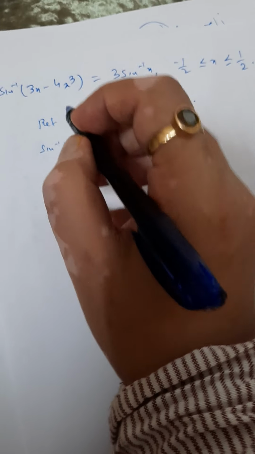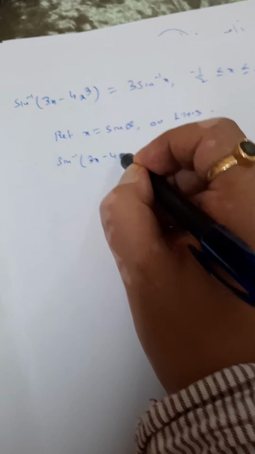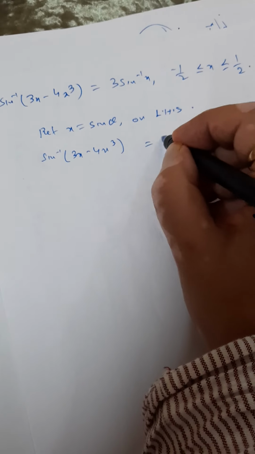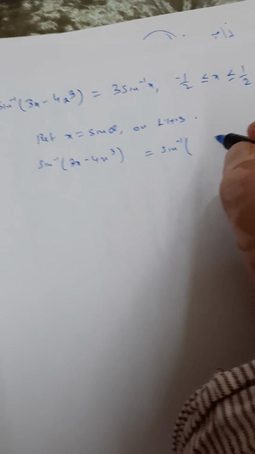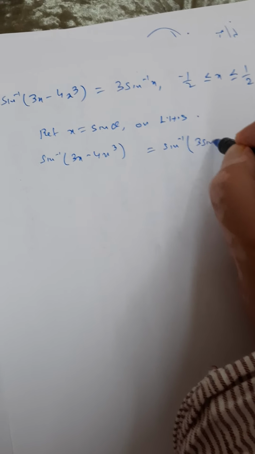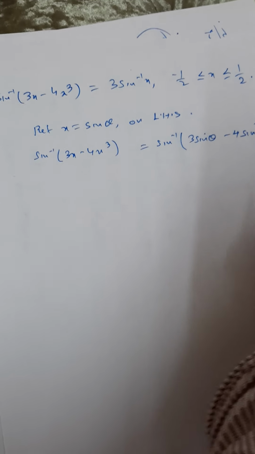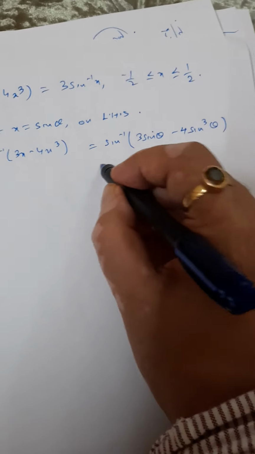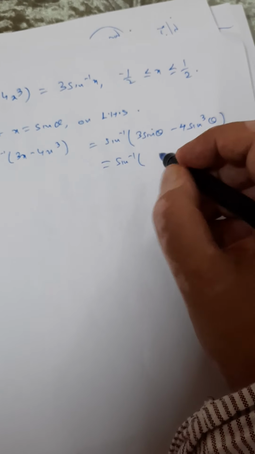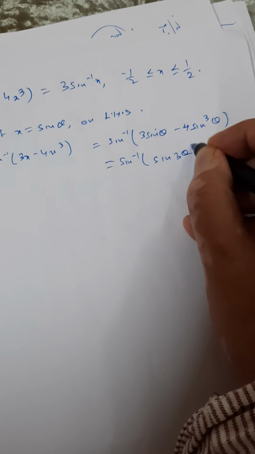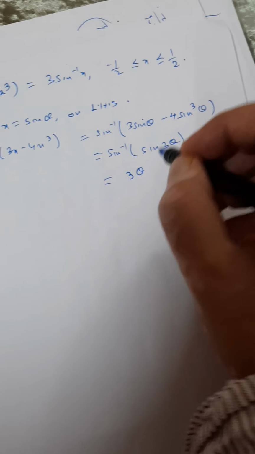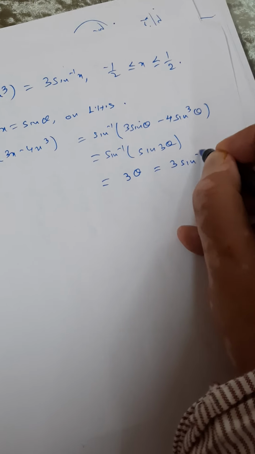So you have sine inverse of 3x minus 4x cube. This is sine inverse of 3 sine theta minus 4 sine cube theta. Well, this is sine inverse of sine 3 theta. This is 3 theta. This is 3 sine inverse x.